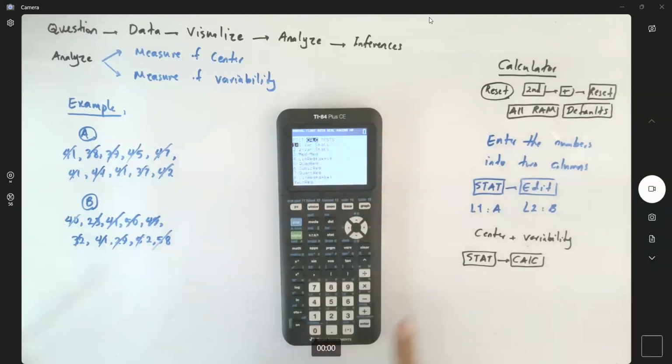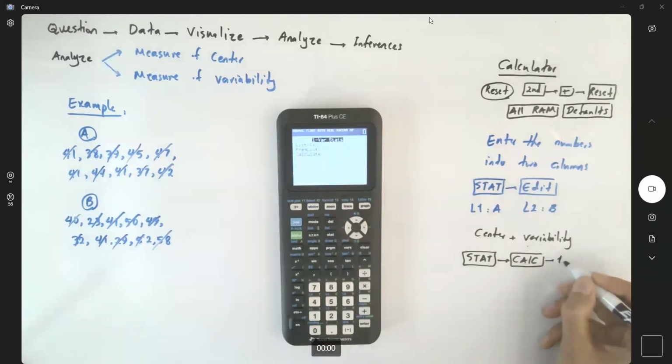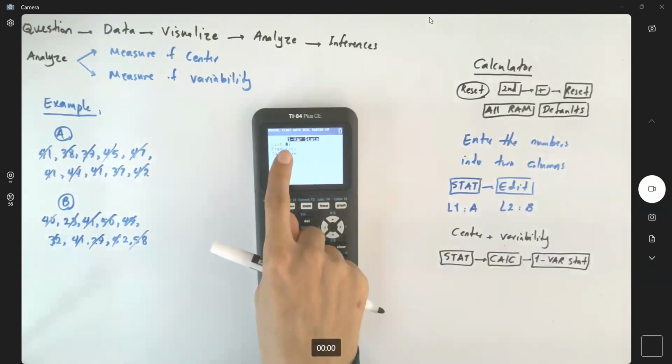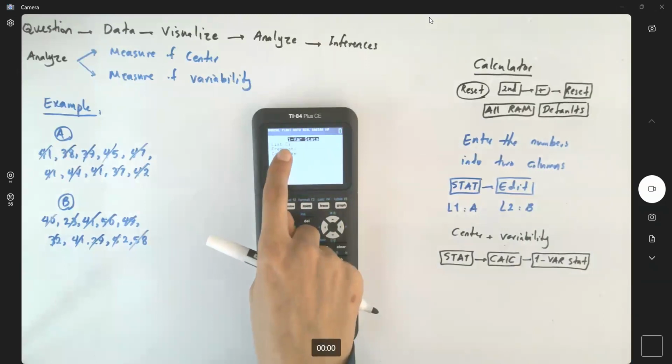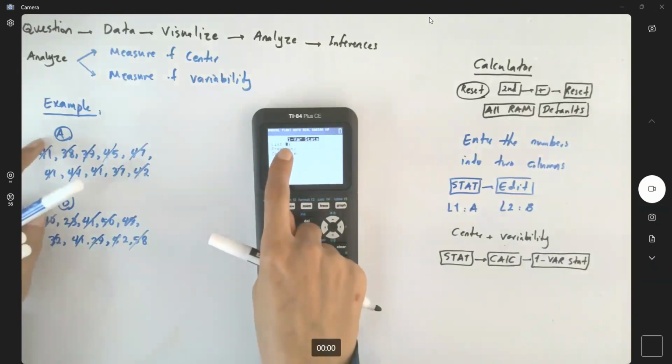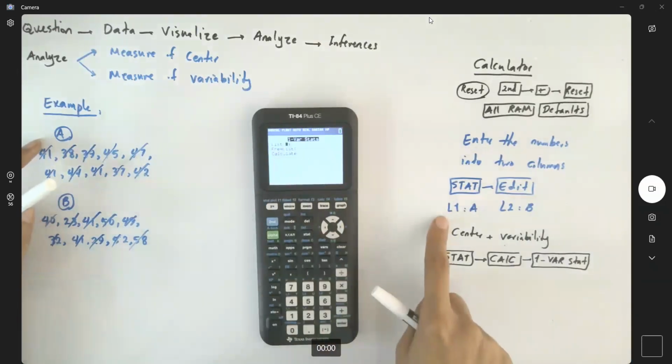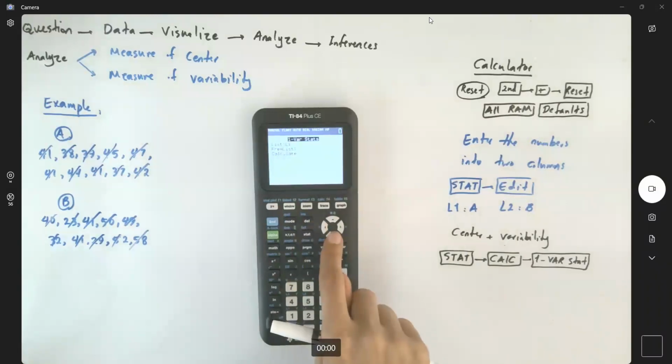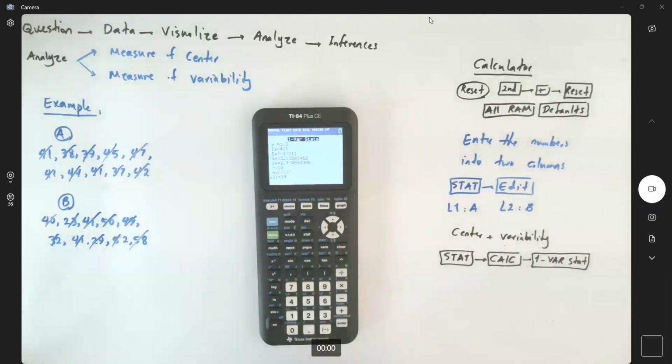It's already there. Just click on Enter. Very good. Let us compute the center and variability for the very first corporation. Remember that you entered information about the first corporation in L1. So it is L1. We're good. Click on Calculate using the arrow and enter.